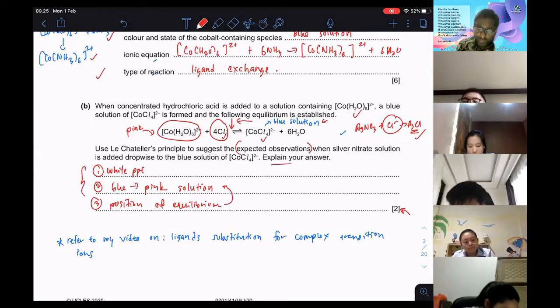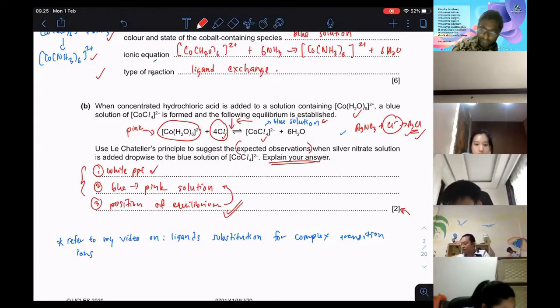You need to explain, and when it comes to explaining, you still need to mention the position of the equilibrium and what happened: because the white precipitate is formed, you are going to reduce the chloride ion concentration, and then the position will move to the left. So you don't have any choice. You still need to write it down.